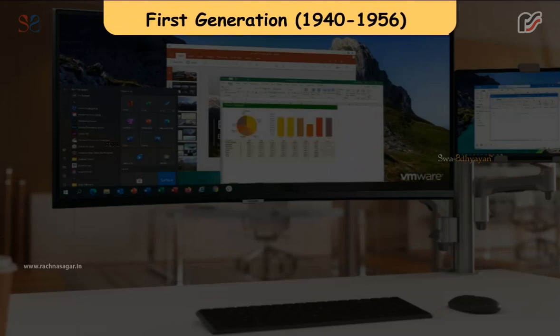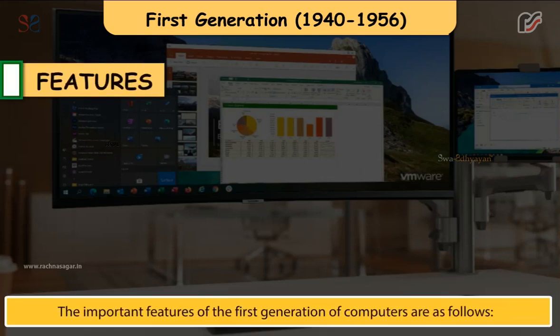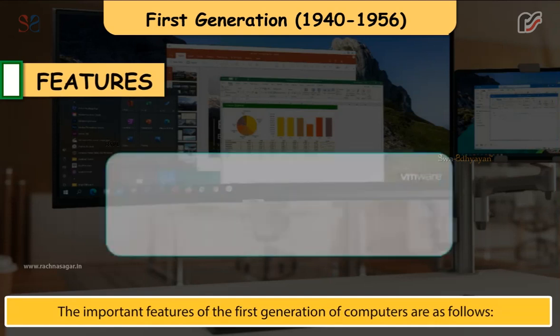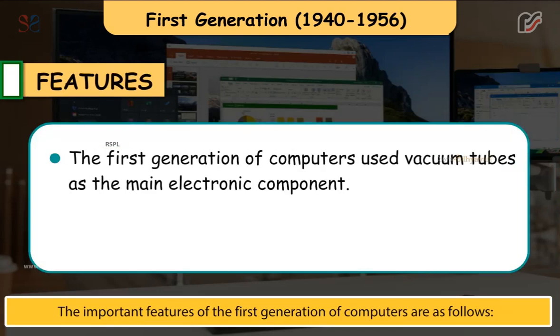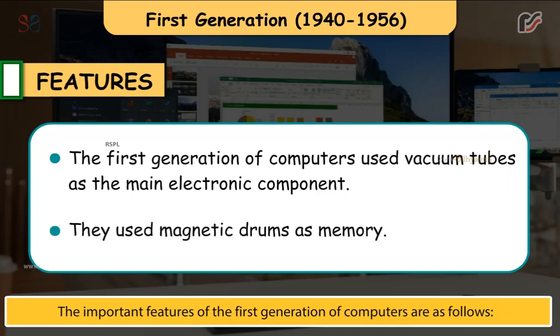First generation, 1940 to 1956. The important features of the first generation of computers are as follows. Features. The first generation of computers used vacuum tubes as the main electronic components.